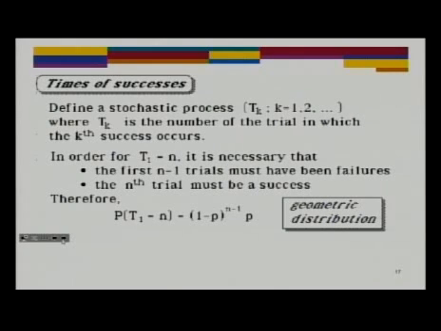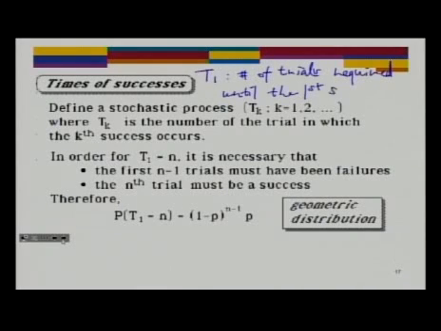Let me write down here. Let's say t sub 1 is the number of trials required until you get the first success. So what is t sub 1?